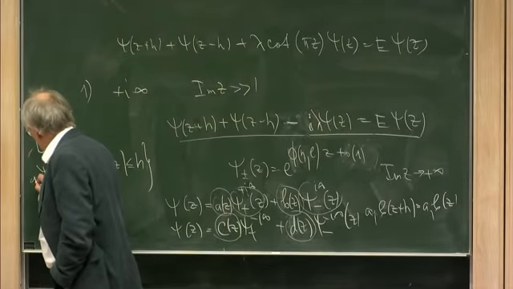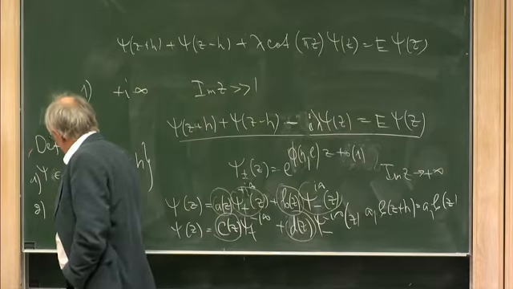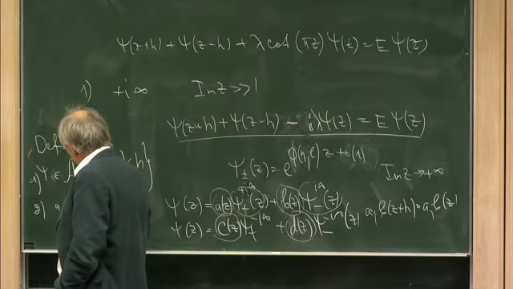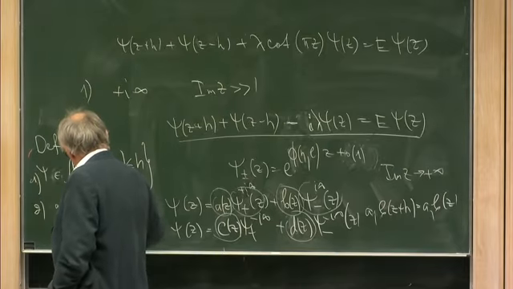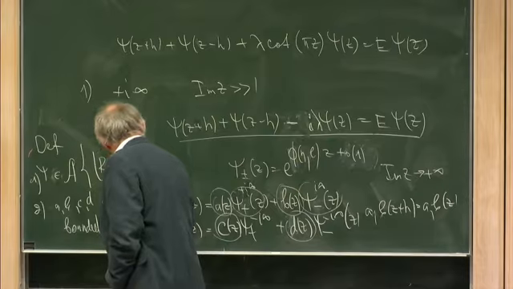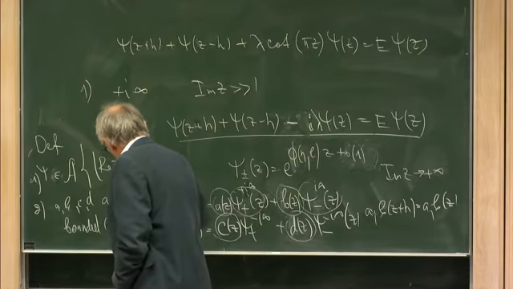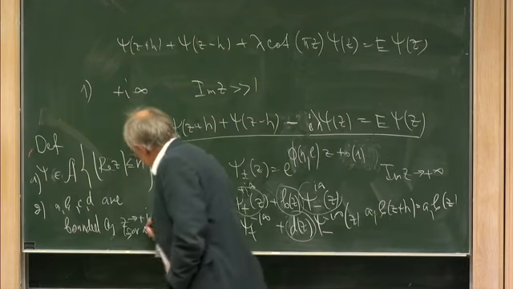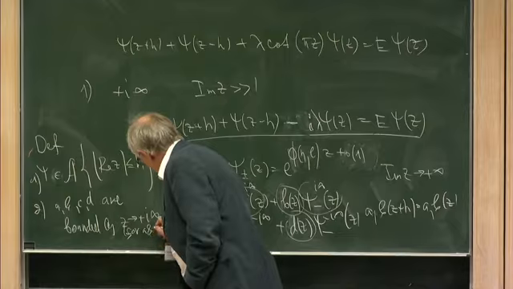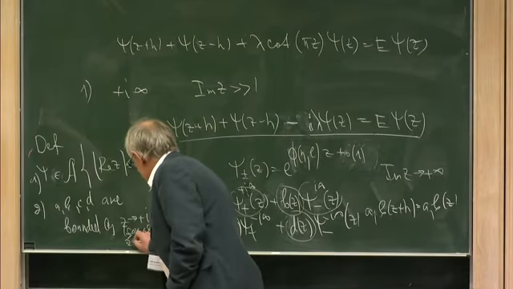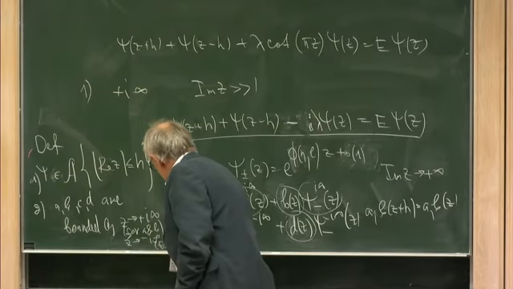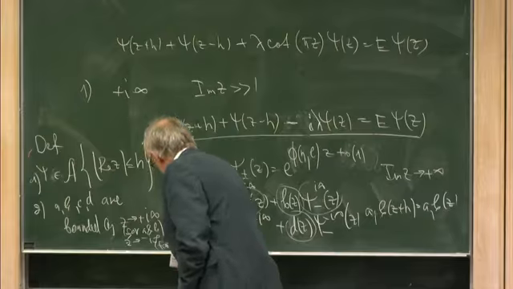And second, the functions a, b, c, and d are bounded as z tends to plus i infinity for a and b, and as z tends to minus i infinity for c and d.